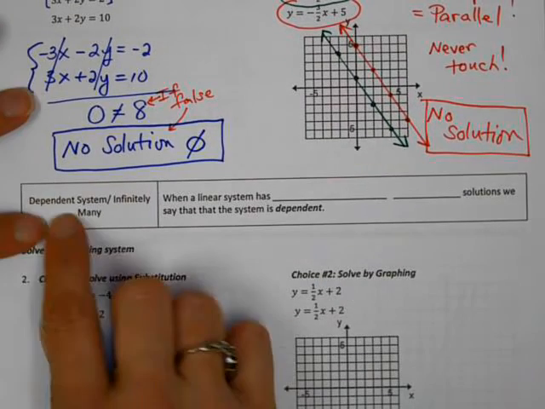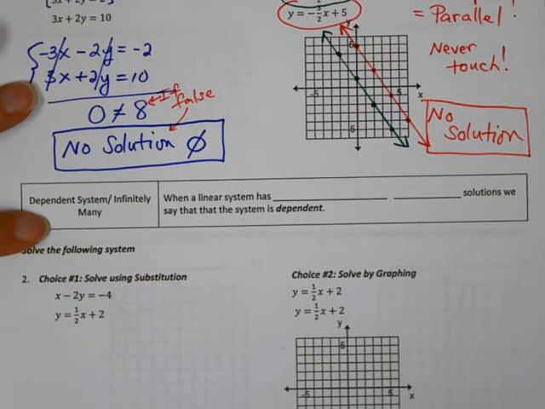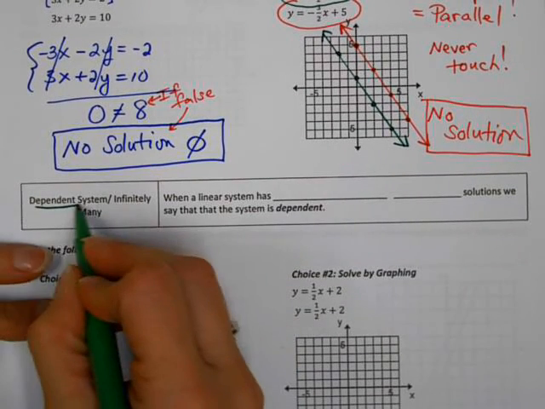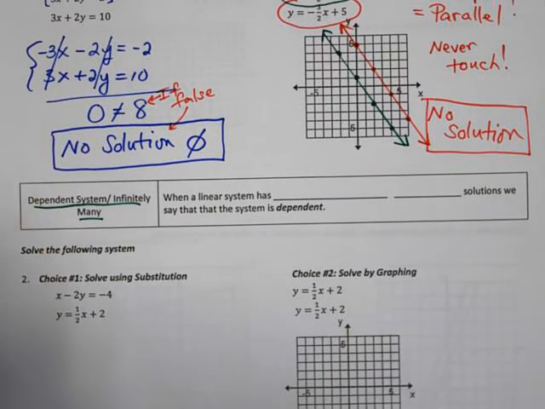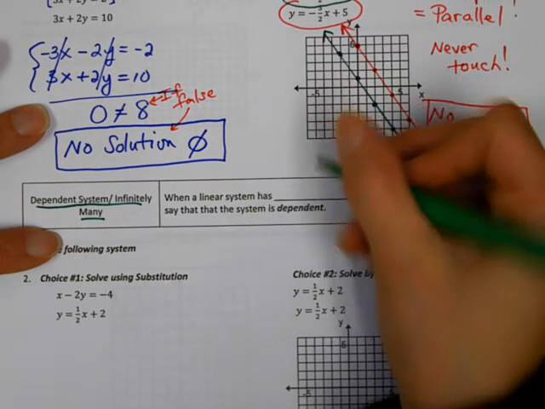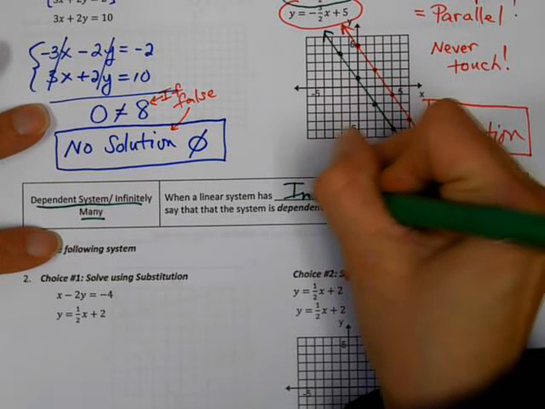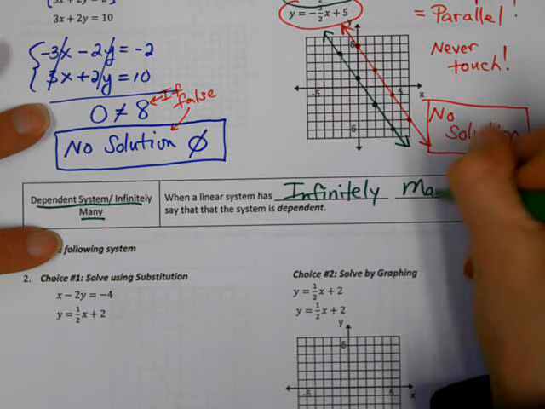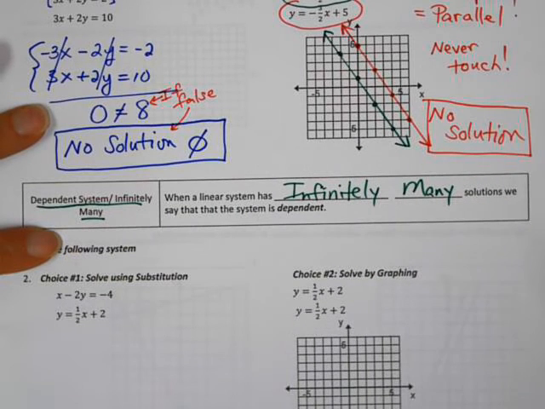The second one is a little different. It's called a dependent system. A dependent system has infinitely many solutions. What? When a linear system has infinitely many solutions, how can I have many solutions?